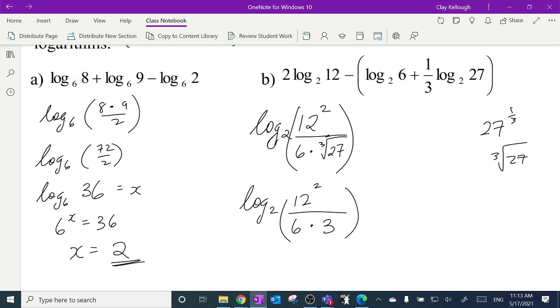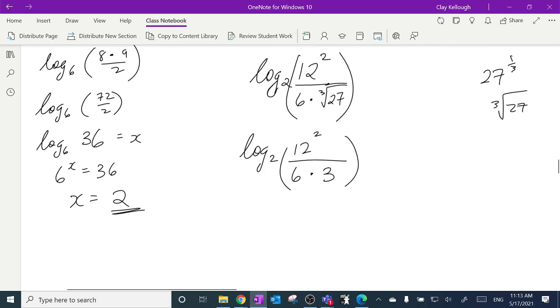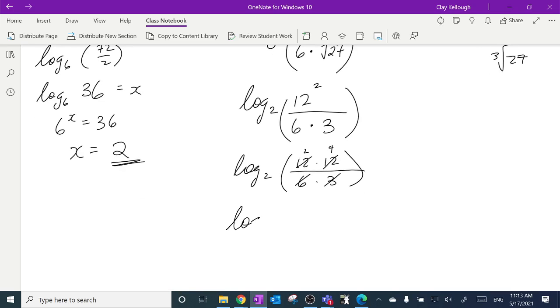And then I'm going to think of the 12 squared here as 12 times 12 to make my life easier, and 6 times 3, and then of course, how about this: 6 goes into this 12 twice, this 3 goes into this 12 4 times, and I am looking at log to the base 2 of 8.